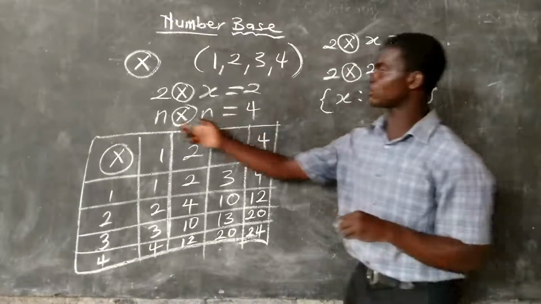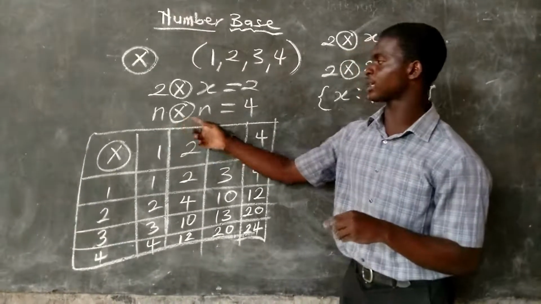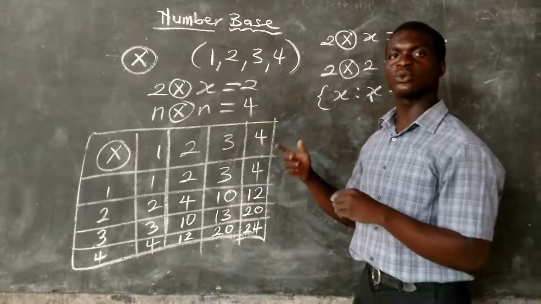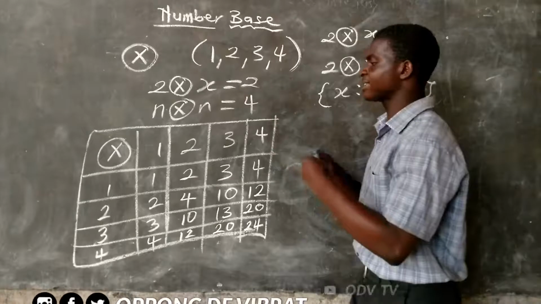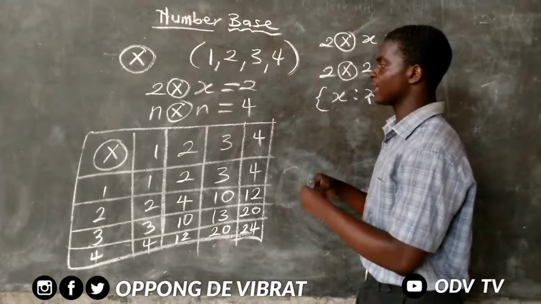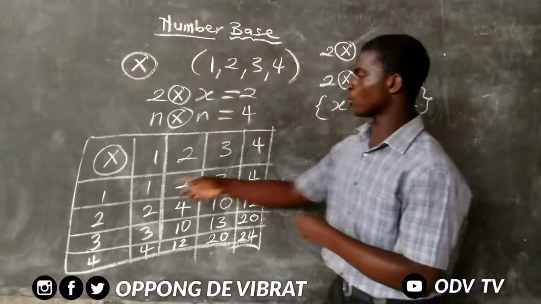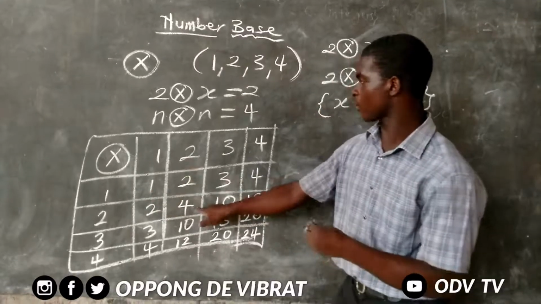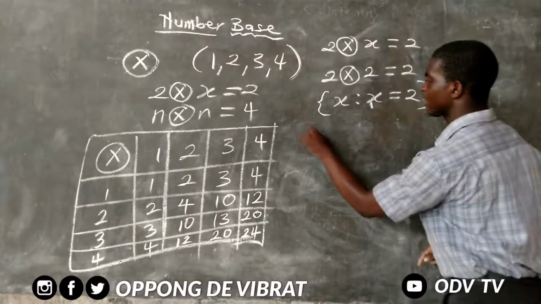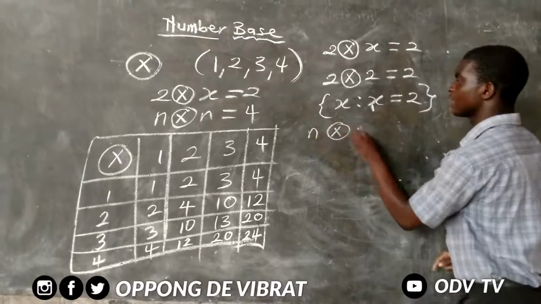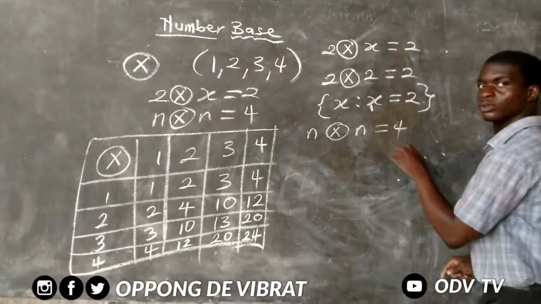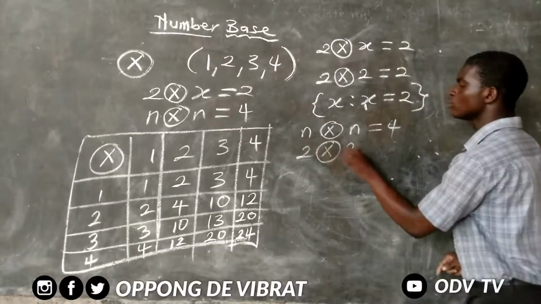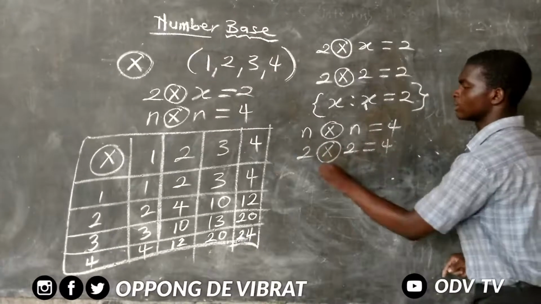We go into the next one, which is n ⊗ n equal to 4. This tells us that we have to get a number that multiplies itself to give us 4. And so 1 multiplying itself gives us 1. 2 multiplying itself gives us 4. And so we express it: n ⊗ n is equal to 4, and so 2 ⊗ 2 is equal to 4.